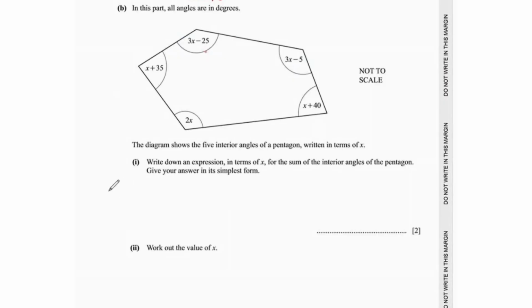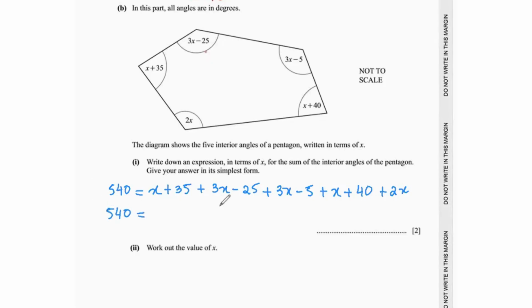So we know that sum of interior angles is 540. So 540 for the pentagon would equal x + 35 + 3x - 25 + 3x - 5 + x + 40 and then + 2x.